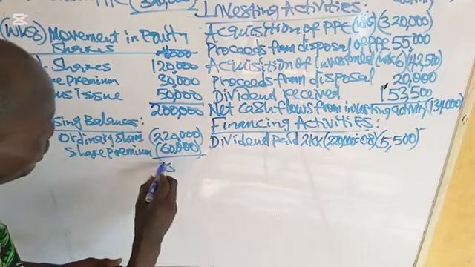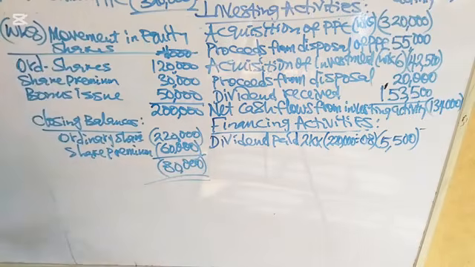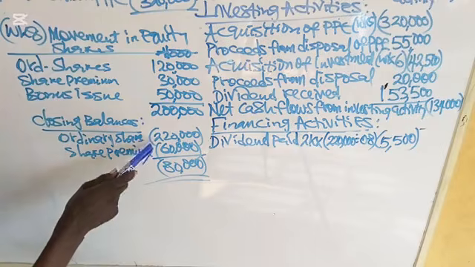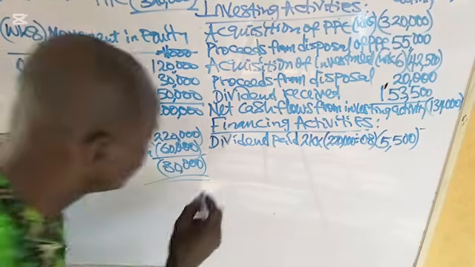So you have 80,000. That 80,000 is the issue of shares. More shares were issued in the period, that is why the closing balance is greater.